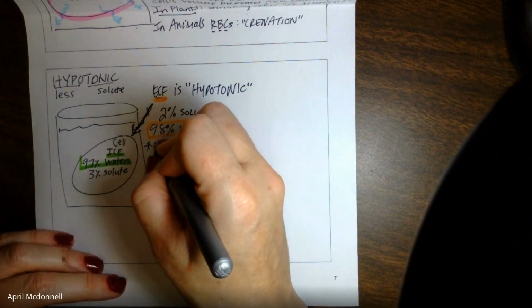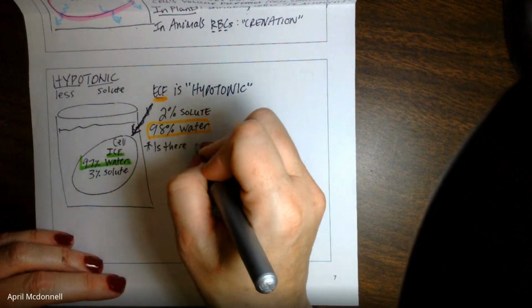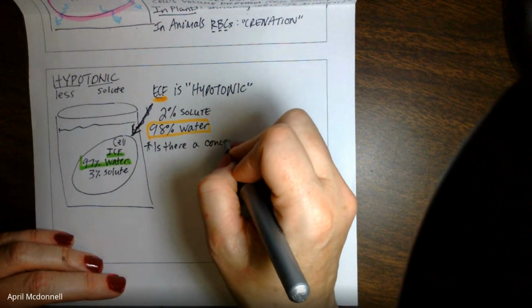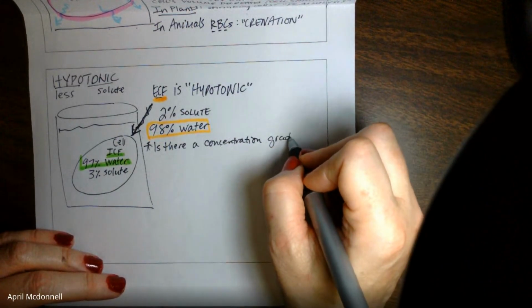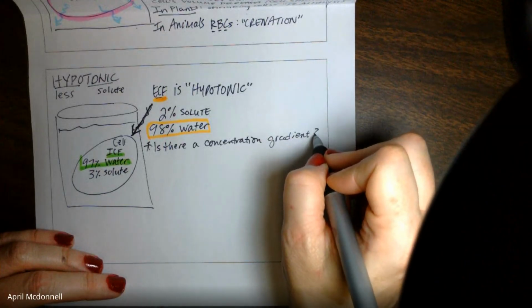So we have a difference in the amount of substance in two different areas. Is there a concentration gradient?